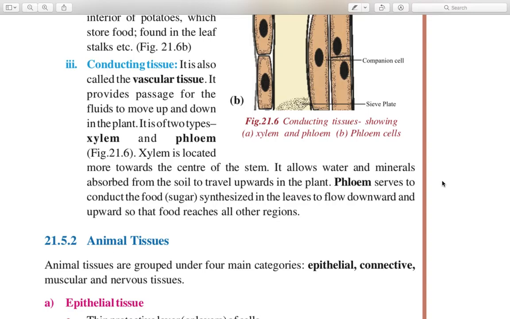It serves as a conductor for food. Plants produce food by photosynthesis, and they take this food to all the other regions where no photosynthesis happens, like the stem. So they flow downward and upward depending upon the need.